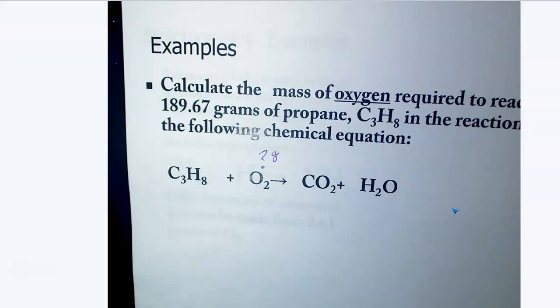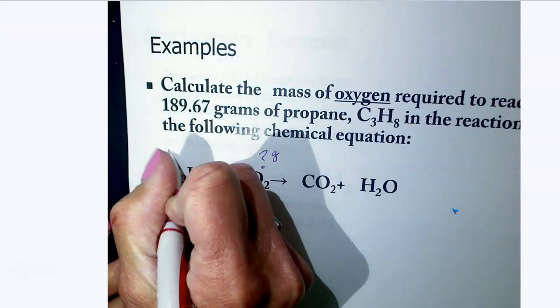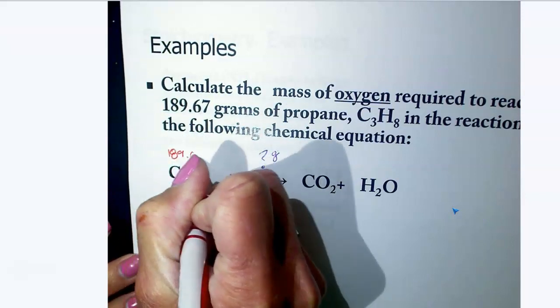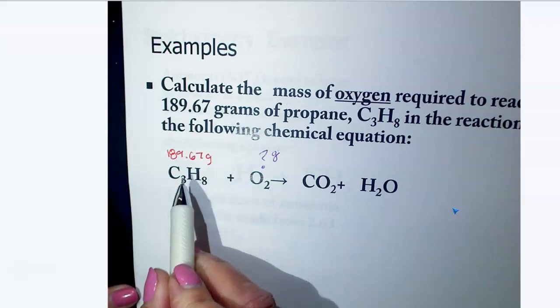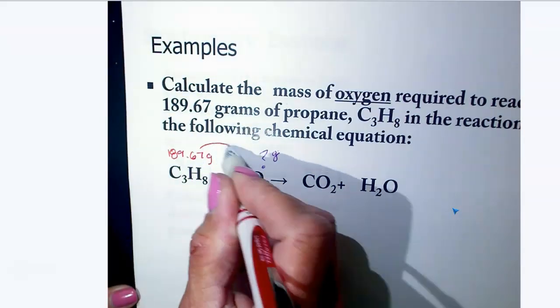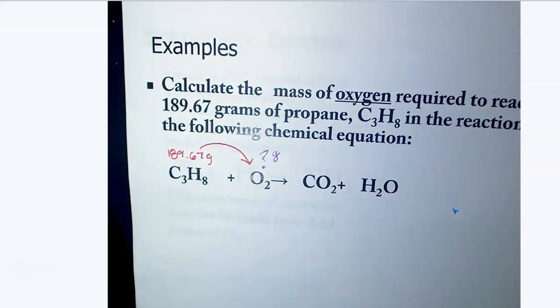It says calculate the mass of oxygen required to react exactly with 189.67 grams of propane. I like to just indicate what I have and where I'm going to. So I am given the mass of propane, and I'm going to convert it to the mass of oxygen so I can see how much oxygen I need for this reaction to take place.